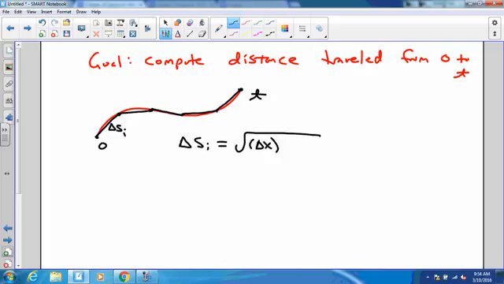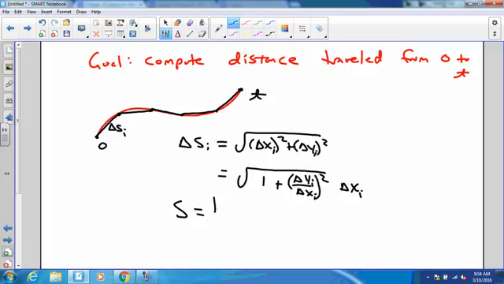taking the curve and breaking it up into segments delta s sub i, and each delta s sub i was equal to the square root of delta x squared plus delta y squared. Remember that? And then we factored out delta x or delta y as appropriate, and we ended up with an approximation for each of our line segments that look like this.